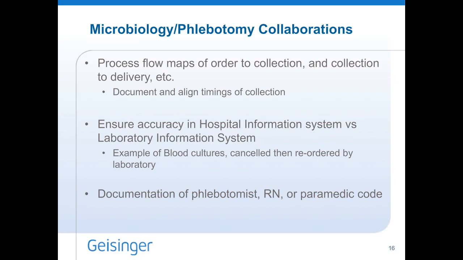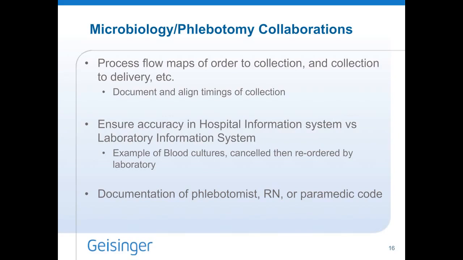And so when the laboratory received them, we had to cancel them and reorder them properly. When we did so, the later time period was the time that was ported into the health information system. Therefore, it looked like all of these blood cultures were collected way after the time of antimicrobial administration, and therefore making our numbers look poor, when in fact they were actually collected at the appropriate time.